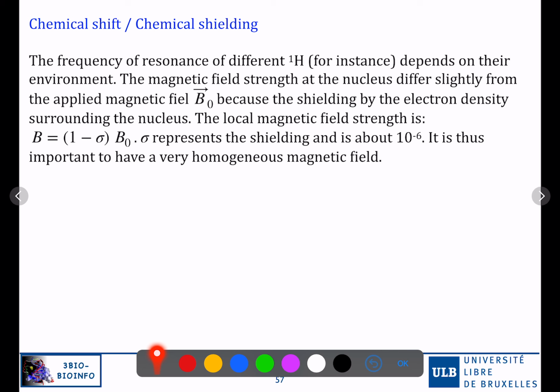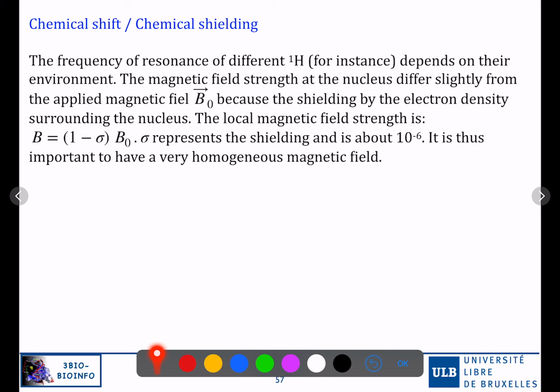This will induce the switch of the macroscopic magnetization in the XY plane. You then switch off the B1 magnetic field, and you will measure the return to the equilibrium.